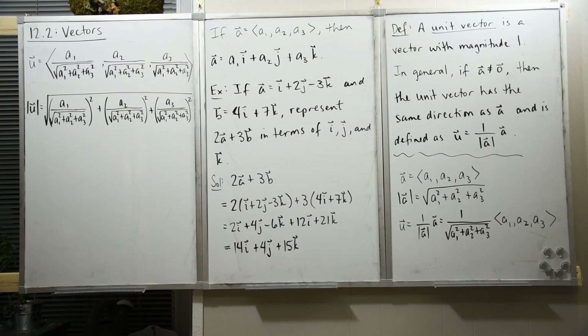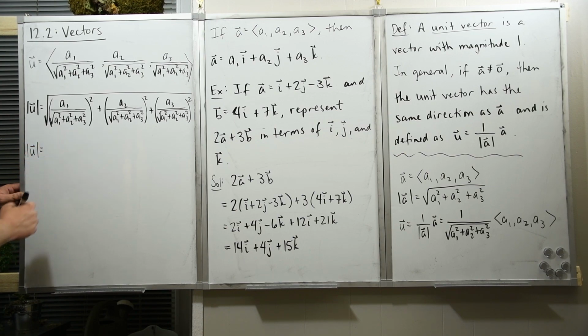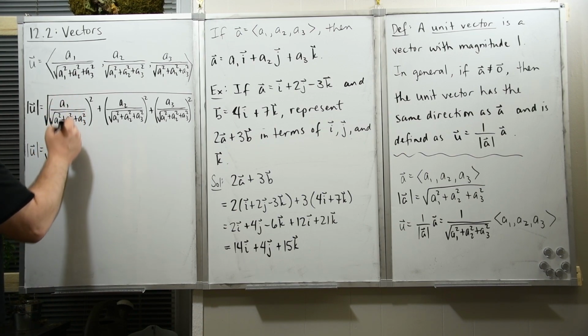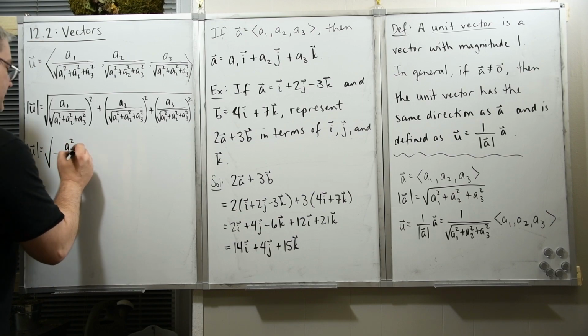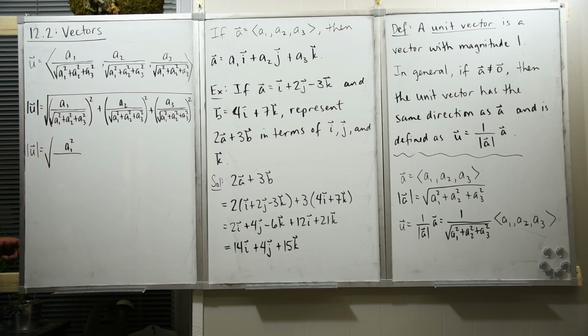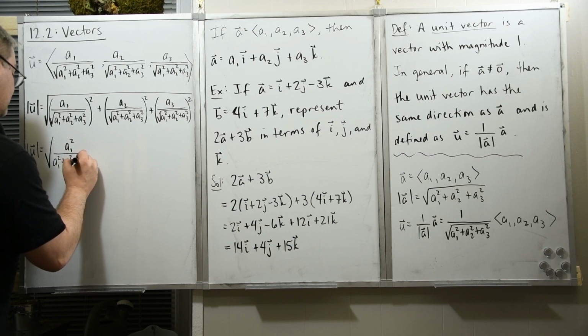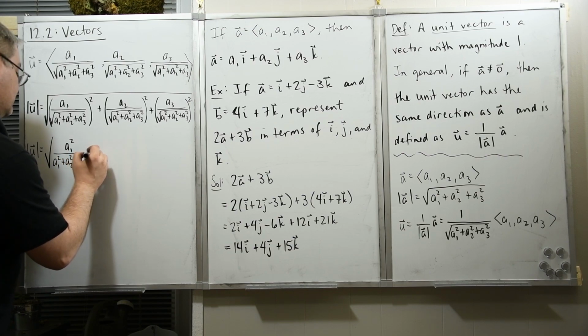But one thing that's nice is that for each of these fractions, we just put the square of the top over the square of the bottom. And so for this first part, we'll have an A1 squared over the square root of A1 squared plus A2 squared plus A3 squared, raised to the second power, and that's just going to give us A1 squared plus A2 squared plus A3 squared.